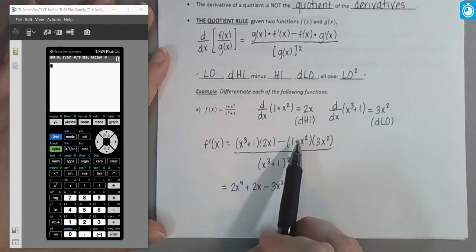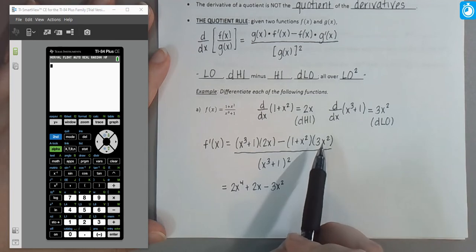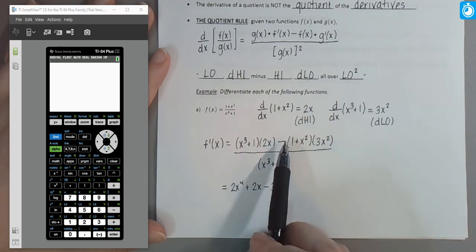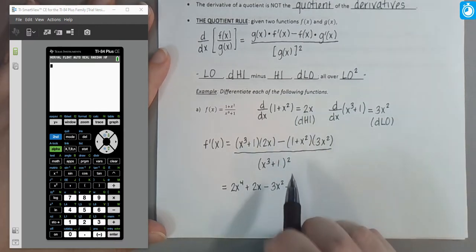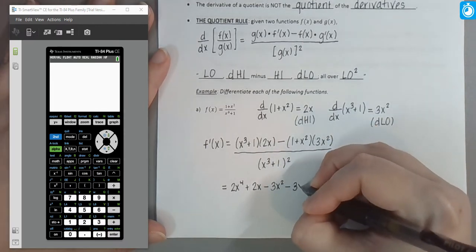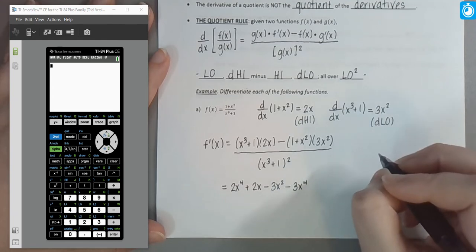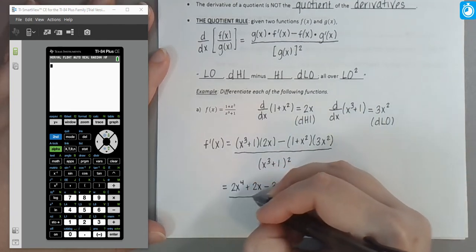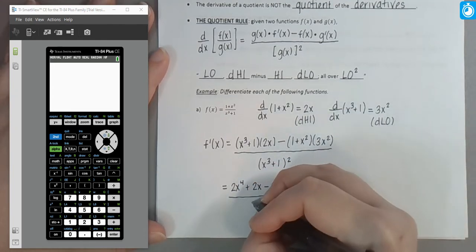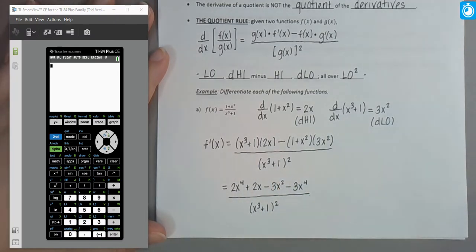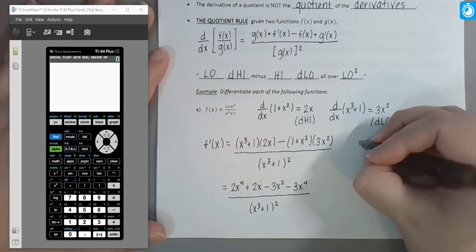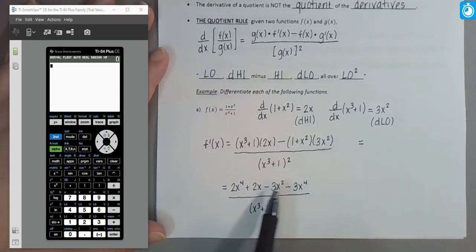And then x squared times 3x squared times negative 1. Again, the term is going to be negative. And then 3x squared times x squared is going to be 3x to the 4th power. And then again, don't forget your denominator, but leave it in this factored form. Okay, I'm going to come over here. Notice in this numerator, we have two like terms. We can combine those.